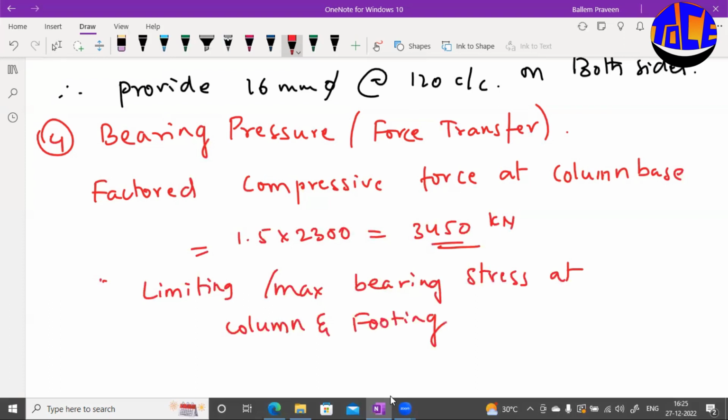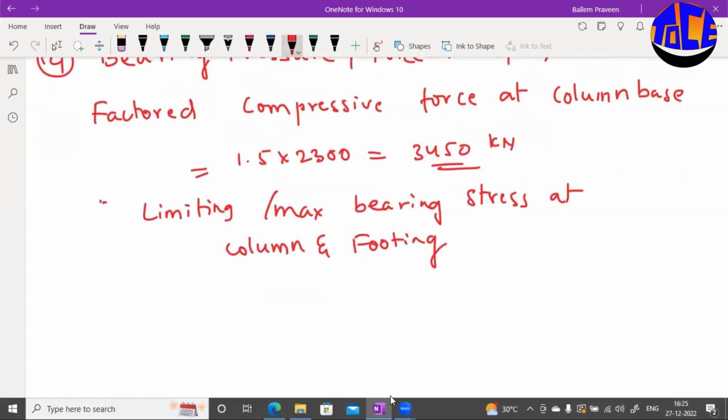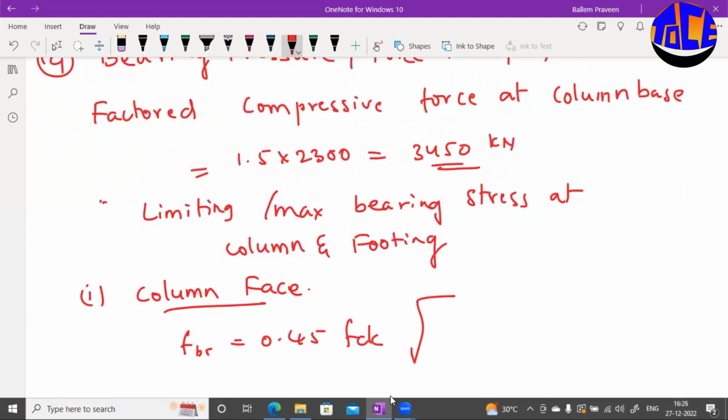So at column and footing interface, what is the maximum or limiting bearing stress? For that, IS 456 has provided a few formulas. For the limiting bearing stress at column face, the formula will be 0.45 FCK under root A1 by A2.